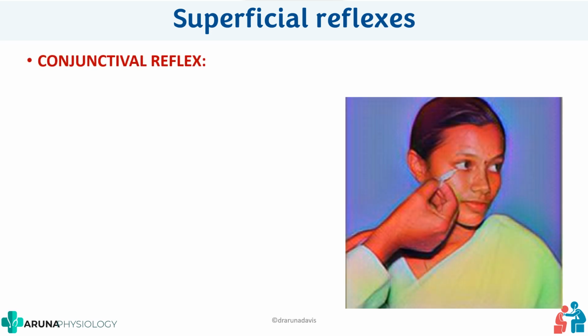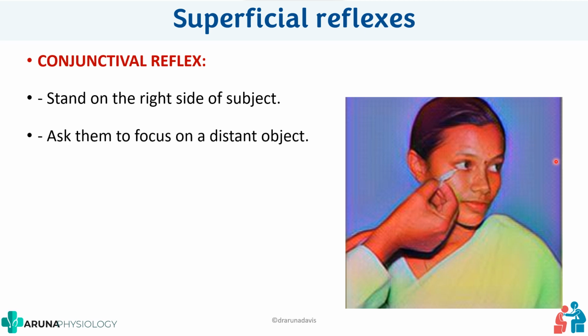To do this reflex, and for any examination, you have to stand on the right side of the subject, and ask the subject to look at a distant object, focusing on a distant object. Then you use a twisted wisp of cotton.